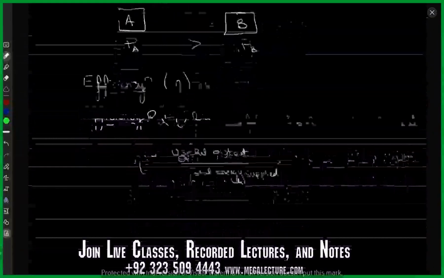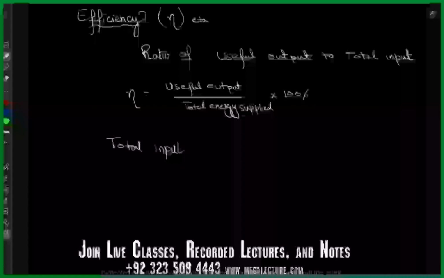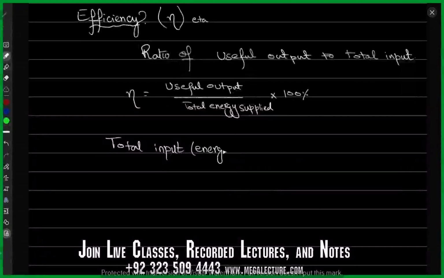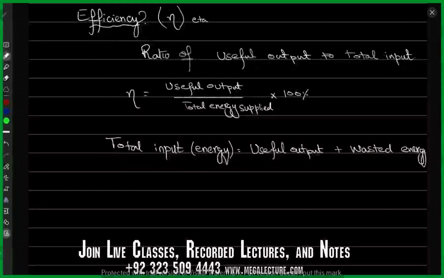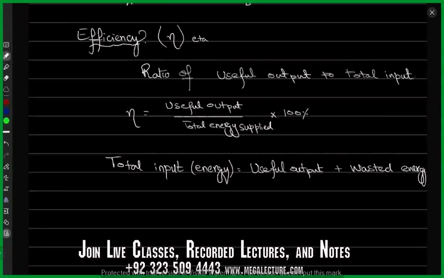So for example, if I were to compute the total energy supplied, or total input, the total energy that I'm giving to the system, then that total energy is just a sum of the useful output work that I obtained, plus all that wasted energy, right? So that's efficiency, right?